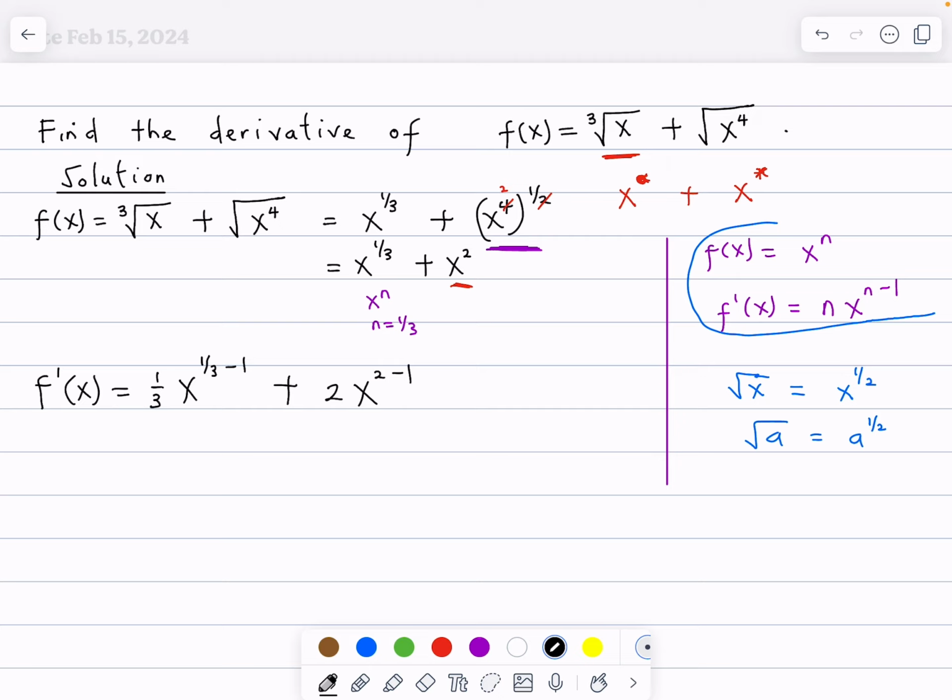So this is just going to be 1 over 3 x to the power of, instead of writing 1, I can rewrite 1 over 3 minus 1 as 1 over 3 minus 3 over 3 to easily simplify that fraction. So this is just going to be negative 2 over 3, plus 2x to the power of 1. And that will be the derivative for that function.